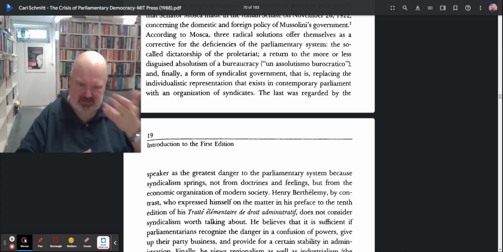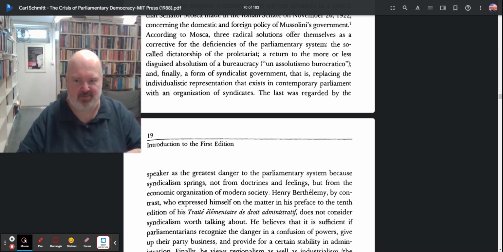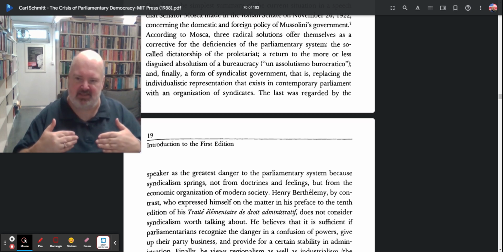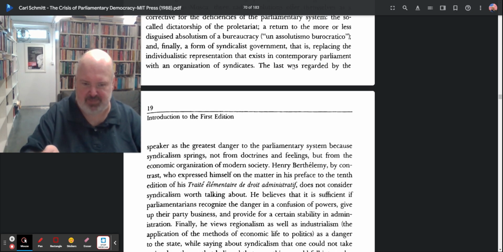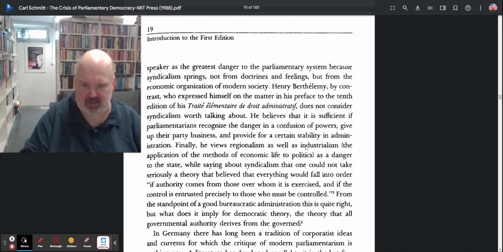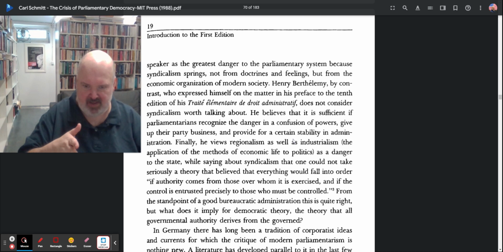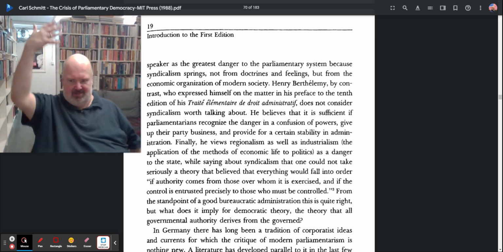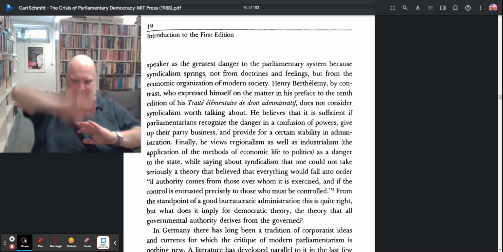But what Schmitt is doing here is saying that there's a tension between the bureaucratic state and democracy. They're at odds with each other, and Barthélemy does it correctly in explaining it. From the administrative point of view, all power comes from the top down.